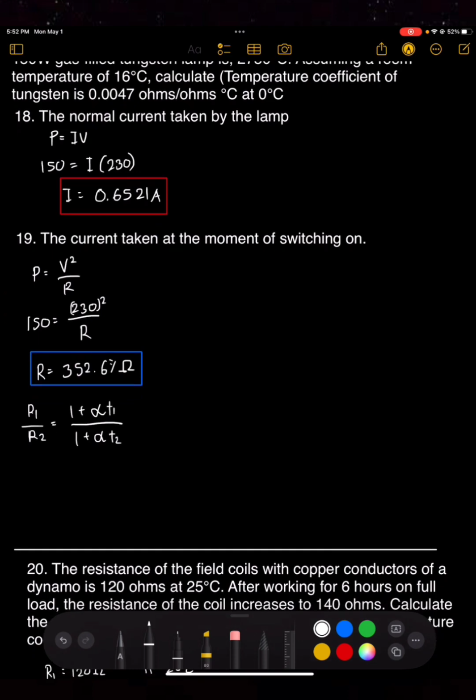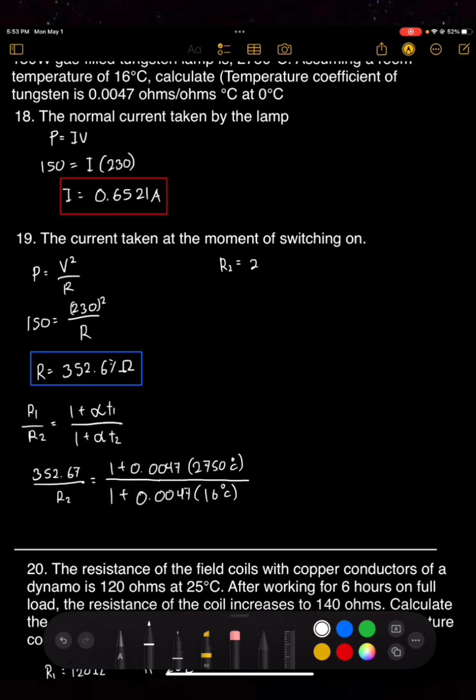Since we have the value for R1, we use 352.67 over R2 equals 1 plus alpha, which is 0.0047 times 275 degrees Celsius, over 1 plus alpha, 0.0047 times 16 Celsius. We'll get R2 equals 27.23 ohms.